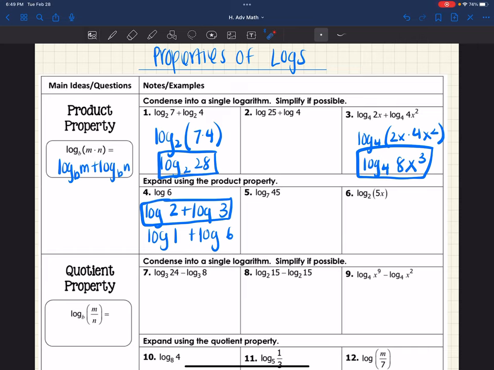So I can do one more here. Maybe number 6, I have the log base 2 of 5x. I want to go ahead and expand this using the product property. So this will be the log base 2 of 5 plus the log base 2 of x, right? This is a potential answer here.